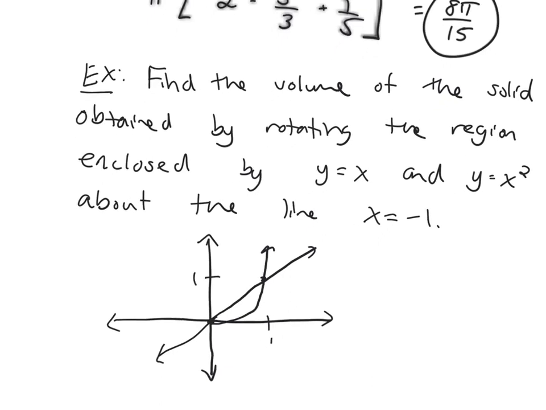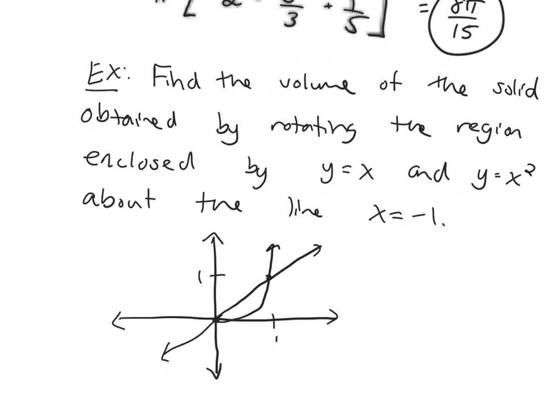Okay. And now I'm rotating about x equals -1. So, -1. So this is where I'm rotating about. Maybe we'll do that in red.